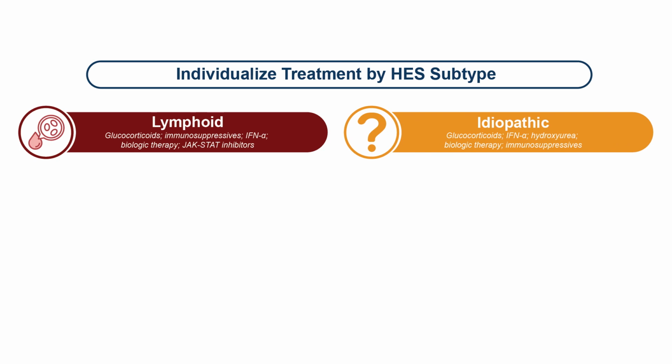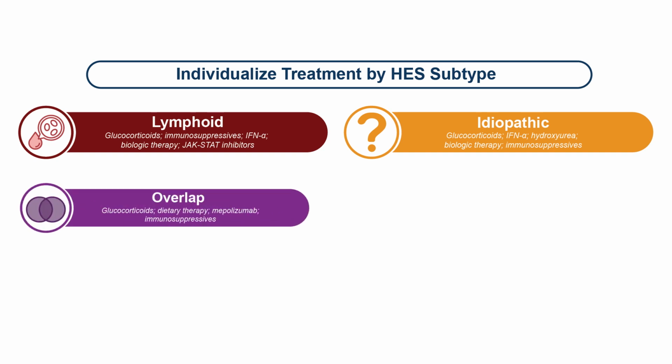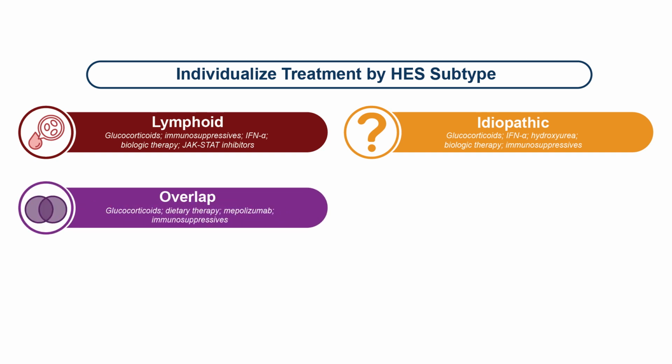Those patients with idiopathic hypereosinophilic syndrome have, again, traditionally been treated with glucocorticoids, and similarly with interferon and hydroxyurea, but oftentimes don't require immunosuppressive therapies because they are more responsive to glucocorticoids. Those patients with overlap hypereosinophilic syndrome might qualify for an FDA-approved indication of Mepolizumab, for example, in patients with EGPA.